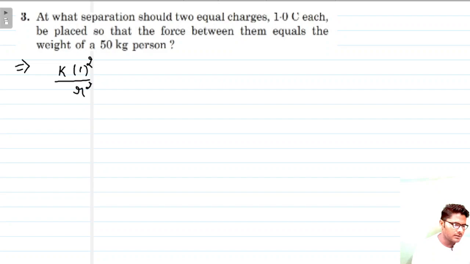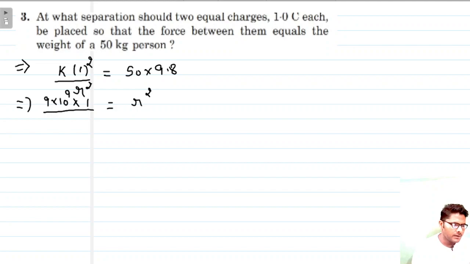So R square should be equal to K over 50 into 9.8. Taking R square to the left and the rest of the quantities to the right, the value of K is 9 into 10 raised to the power 9, basically K is 1 by 4 pi epsilon naught. And the value of 1 square will be 1.